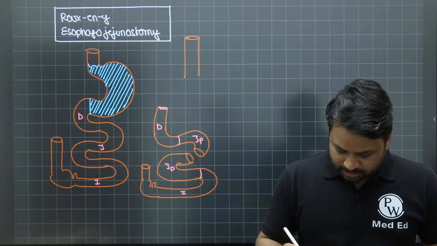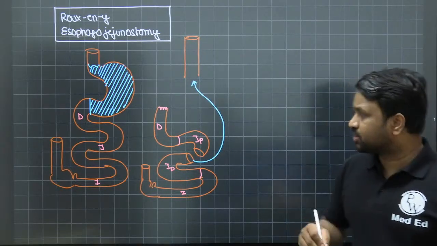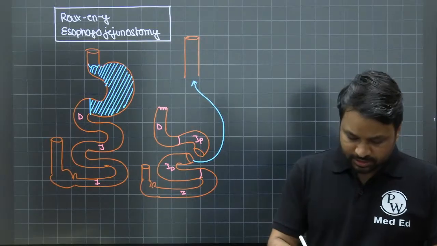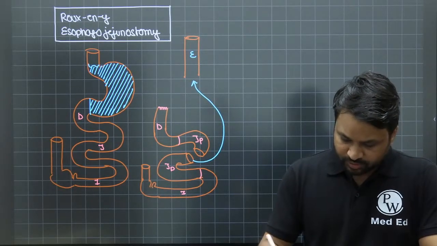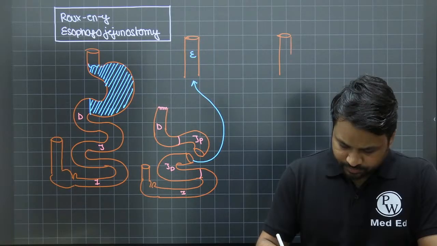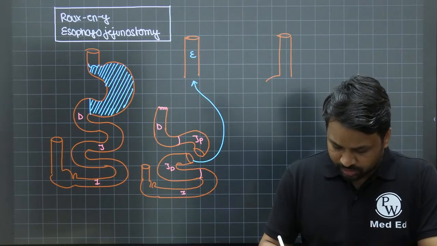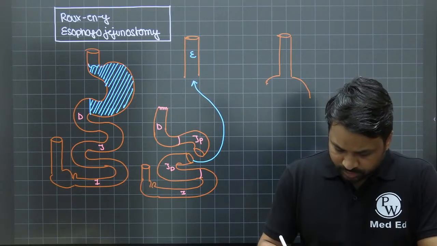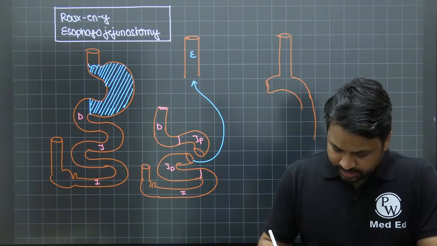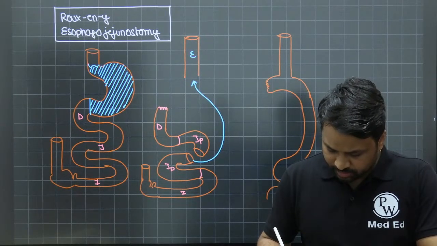I will take the distal end of the jejunum and make an anastomosis, right? So this is the esophagus that you have. So eventually when you come down, this is the esophagus. Now the distal end of the jejunum is being brought here. This is the distal end of the jejunum that is mobilized, and this is going to be continuous with the ileum.